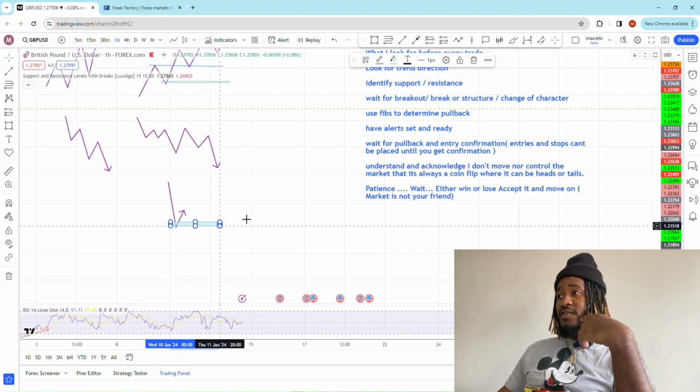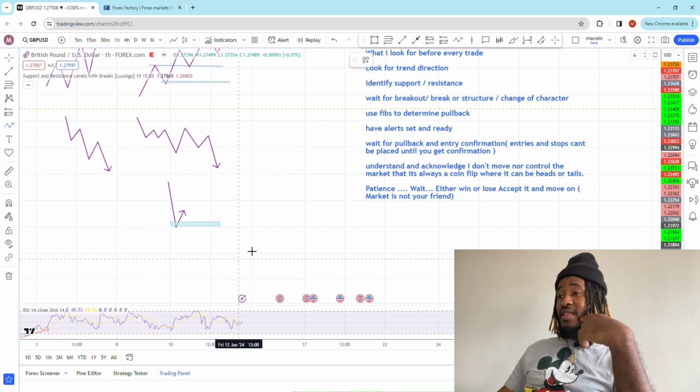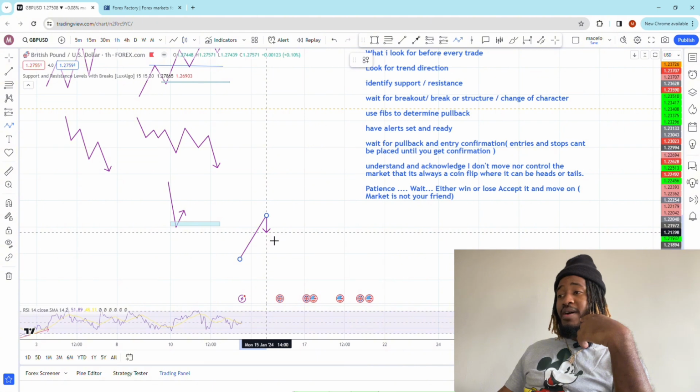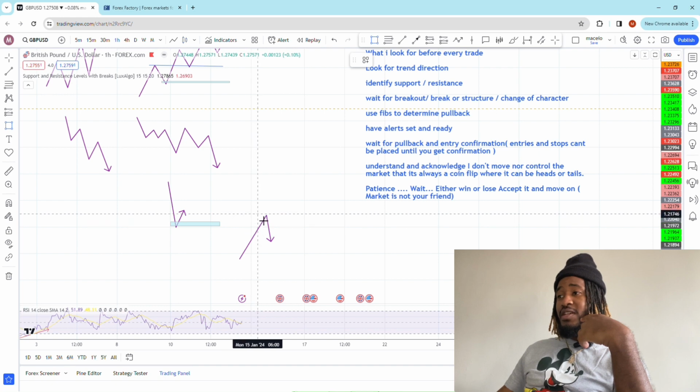Vice versa, if I have an impulse going up and I get about a few candles pulling back, I'm going to identify this as my resistance.